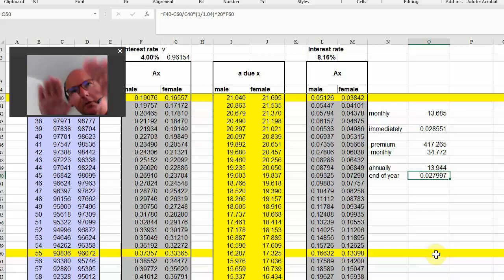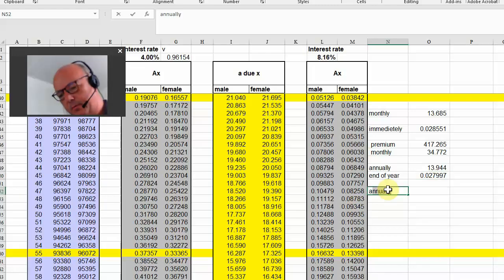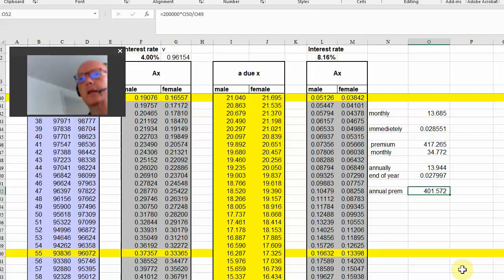Because I'm going to project down each year and show you what happens now. So the annual premium on this basis is equal to 200,000 times that over that. Okay, so slightly cheaper because you are paying all your premium up front at the start of the year, and you're having to wait to the end of the year to receive your benefit, so it makes the thing slightly cheaper.